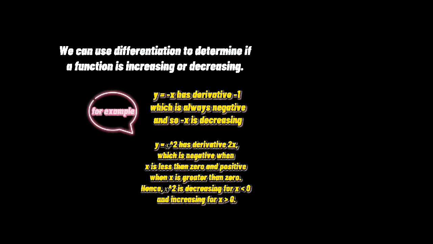The second one is y equal to x squared, which has derivative 2x, which is negative when x is less than 0 and positive when x is greater than 0. Hence, x squared is decreasing for x less than 0 and increasing for x greater than 0.